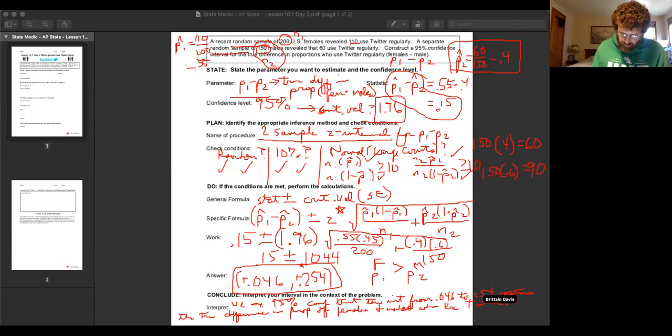And we could conclude this by saying there is convincing evidence that females use Twitter more than males.